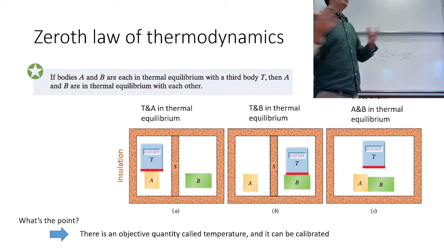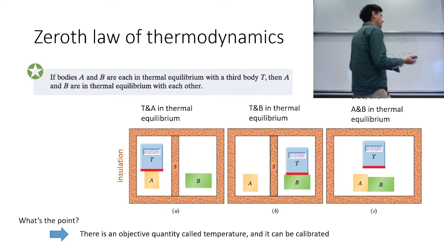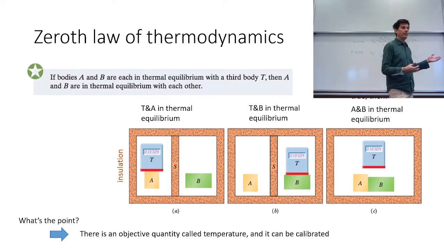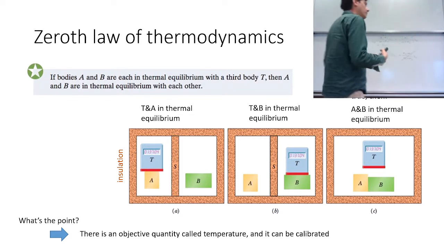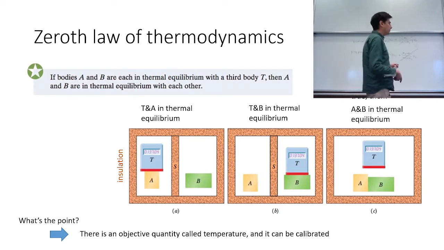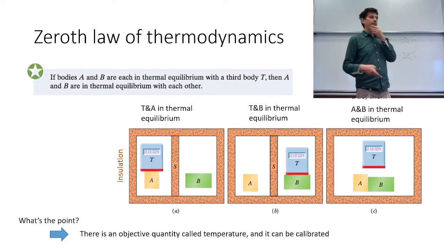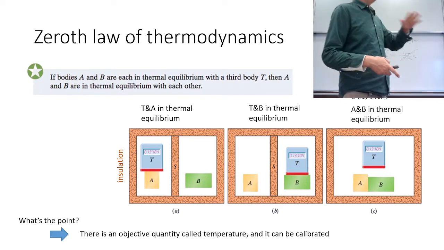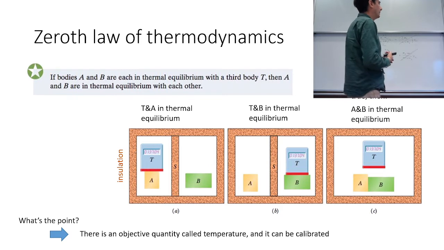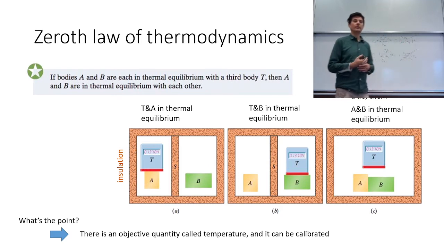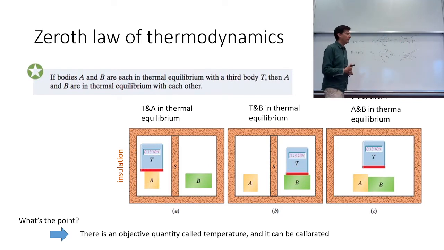And then they realized this is actually a pretty fundamental assumption that we all made without really realizing that it was an assumption. So just to make everything consistent, I guess people introduced a zeroth law as a more fundamental thing.